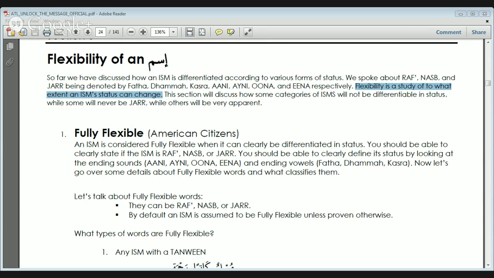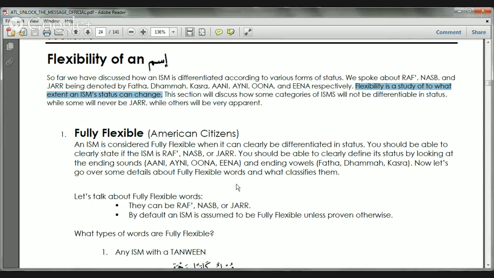What will make an ism heavy or light? So we'll go over how some categories of isms will not be differentiable in status, while some will never be jar, and while others will be very apparent as to what their status is.